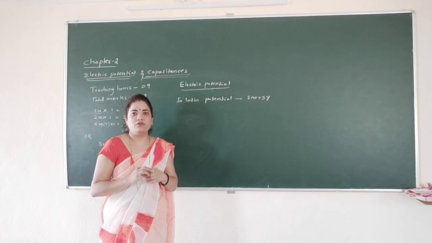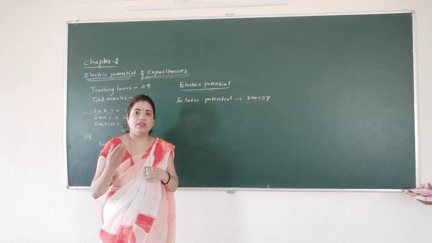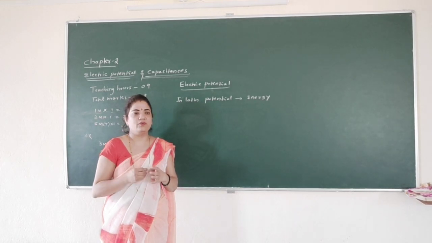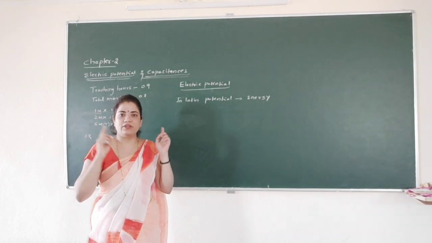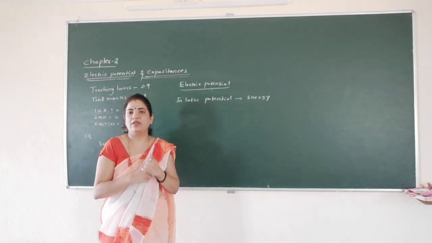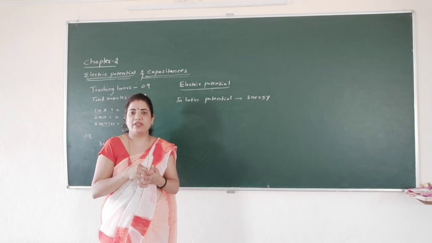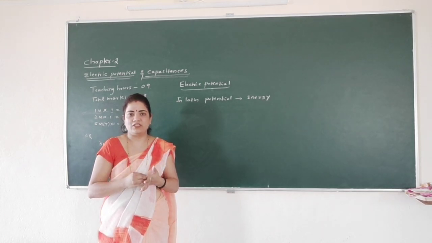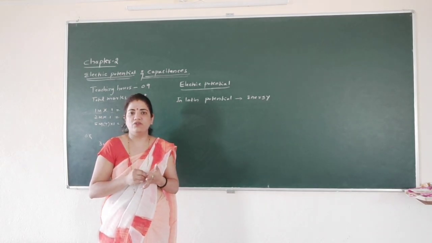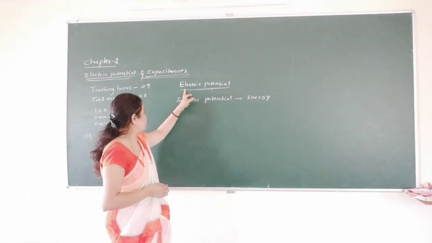So it is the amount of energy present in the charge when it is in an electric field. See, no doubt the charge produces an electric field around it. That is the entire concept. If one charge is kept in an electric field and it possesses energy, then the energy of the charge in an electric field itself is what?